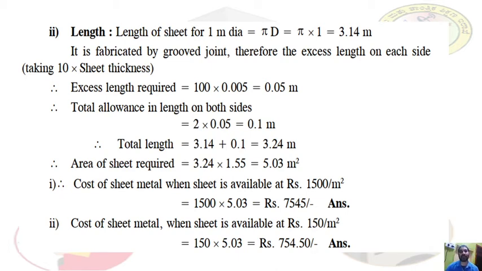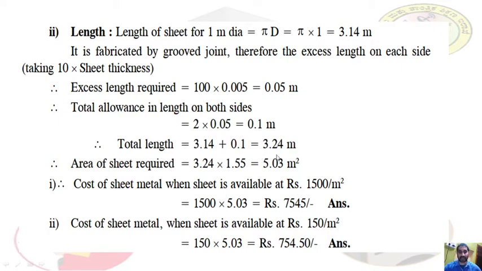So 0.05 meter excess sheet is required on each side, and 2 into 0.05, 0.1 meter excess sheet is required lengthwise. So the total length of the sheet required is 3.14, the actual sheet by developing the circle into a rectangular portion lengthwise, plus 0.1 meter for making groove joint. If you add both, you will get 3.24 meter.